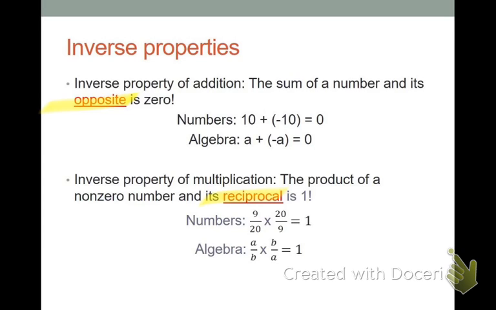I would flip it and I would say it's 5/4. You see that? So what's the multiplicative identity of 2/3? 3/2. Austin, you with me? Yes, ma'am. Okay, so those are some terms for those properties, the first 3 properties.